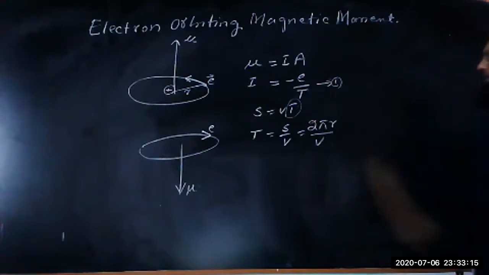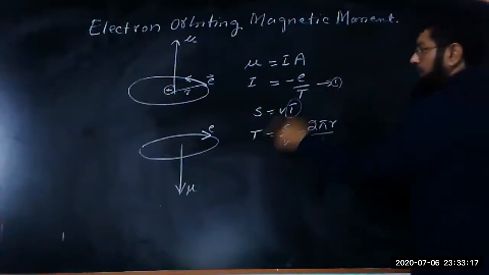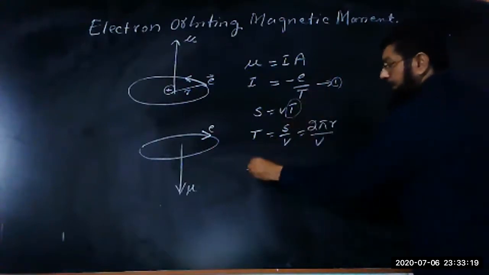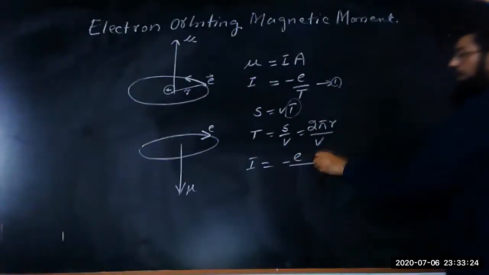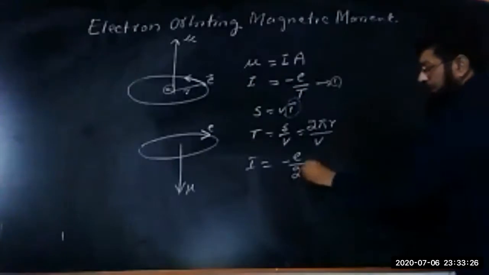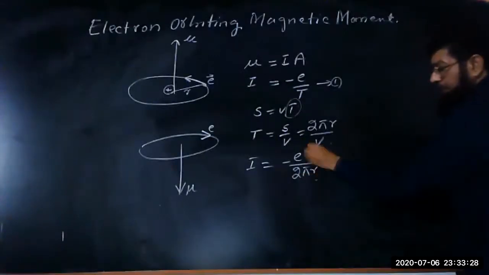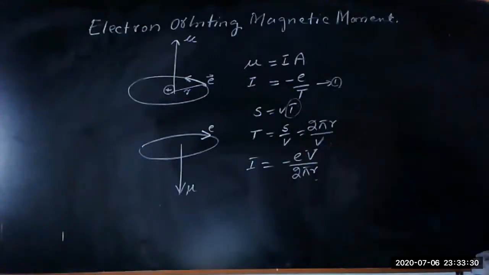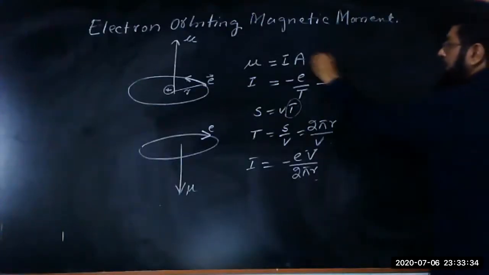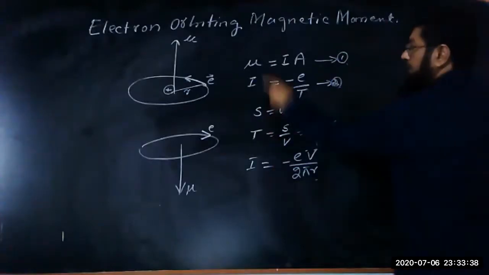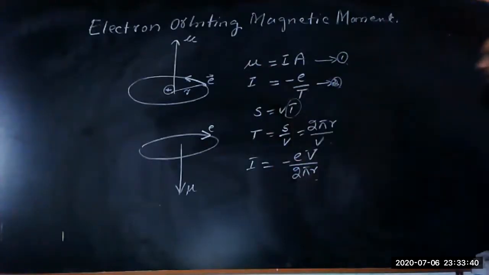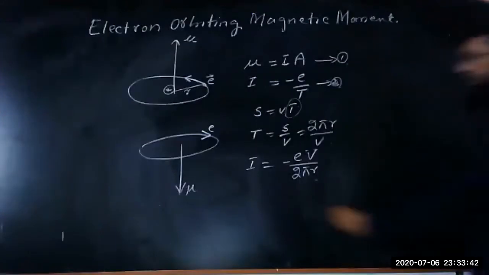Let's substitute this value of T in equation number 1. We will get I is equal to minus E upon 2 pi r into V, with V going up in the numerator. So this is the current. Now substitute this value of current in the magnetic moment equation.